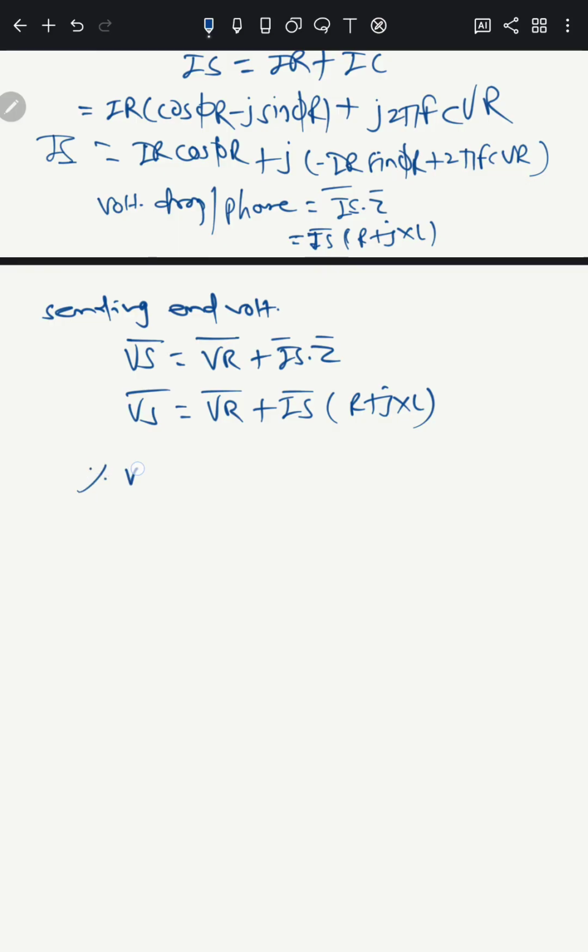Percentage voltage regulation is equal to Vs minus Vr divided by Vs into 100.